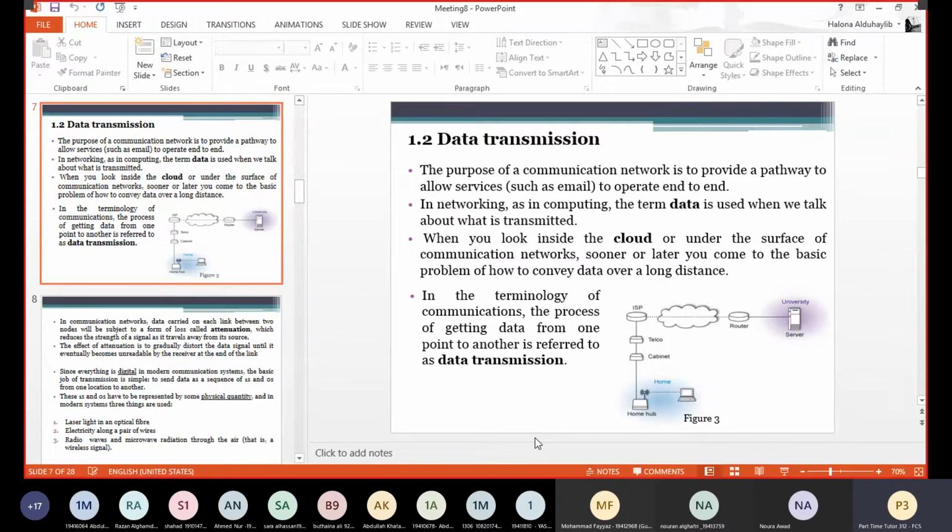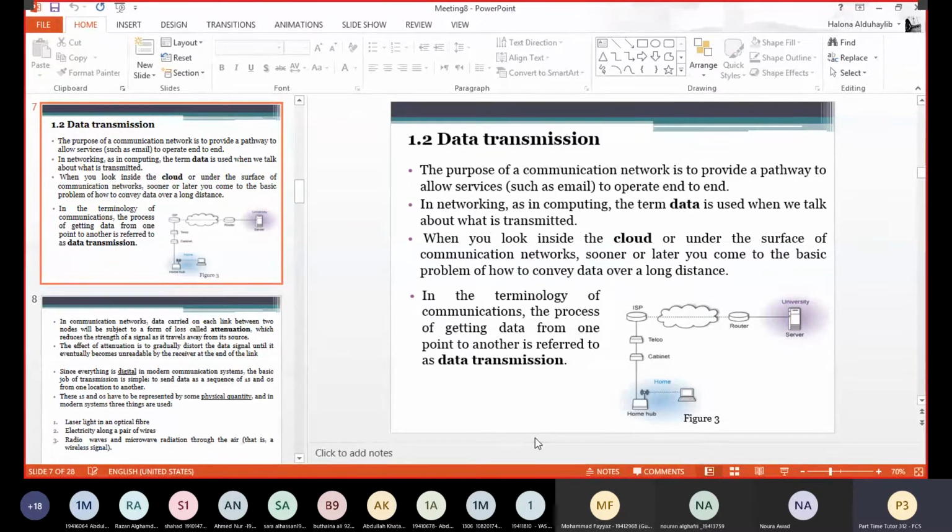In computing, the term data is used when we talk about what is transmitted, whatever it is. When you look inside the cloud or under the service of communication networks, sooner or later you come to the basic problem of how to convey data over a long distance.